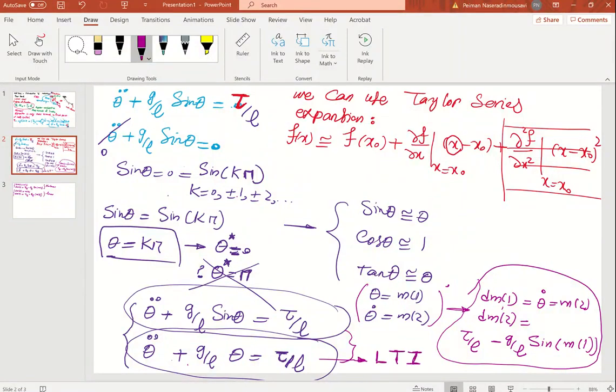I'm teaching ME 696 this semester, linear time invariant systems, because the coefficients of this equation are constant. If the coefficients are not constant, you have LTV, linear time varying systems. The real robotic systems I'm going to teach you are time varying systems, not linear time invariant.